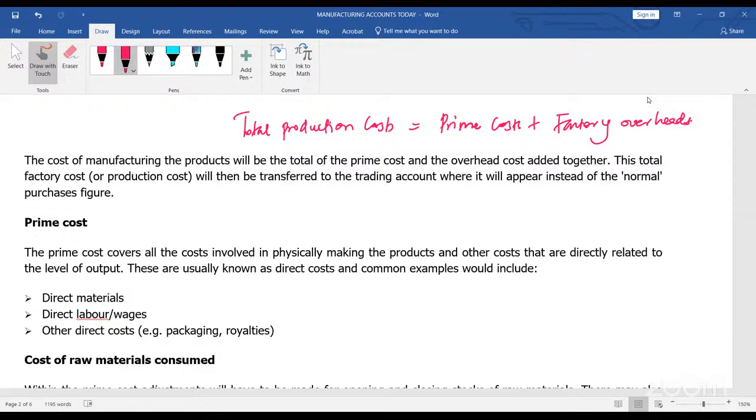The prime costs are pure direct costs. Then the factory overheads are incurred to do production, but those costs are indirect. So this total factory cost or the production cost is what you are going to transfer to the trading account, and it will appear instead of the normal purchases figure.